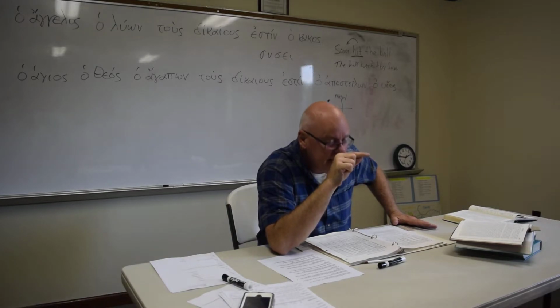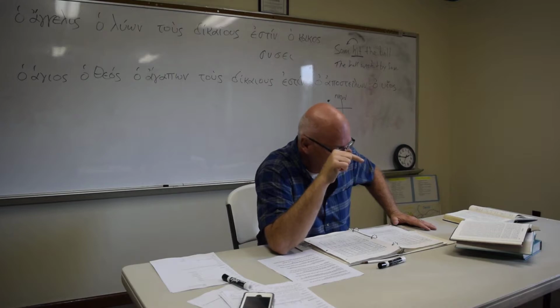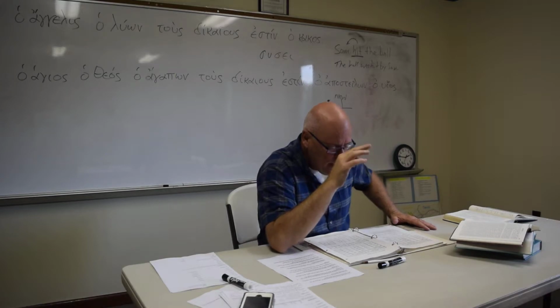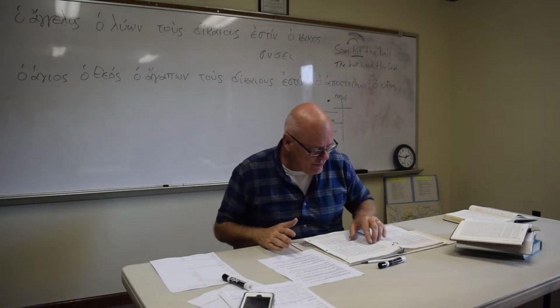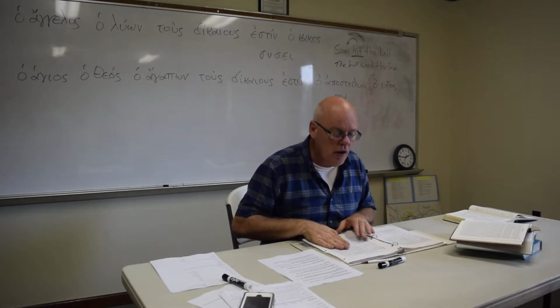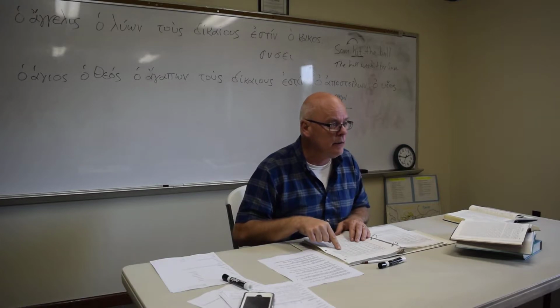I want you to note the differences between your middle and your active. On all of your middle voices, you're going to have the men syllable. You see that men syllable there? On all of them, you're going to have that.